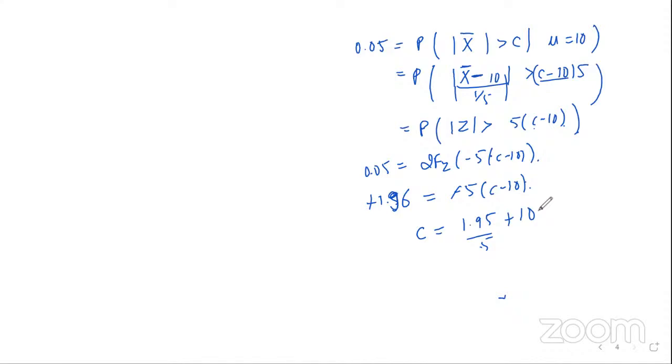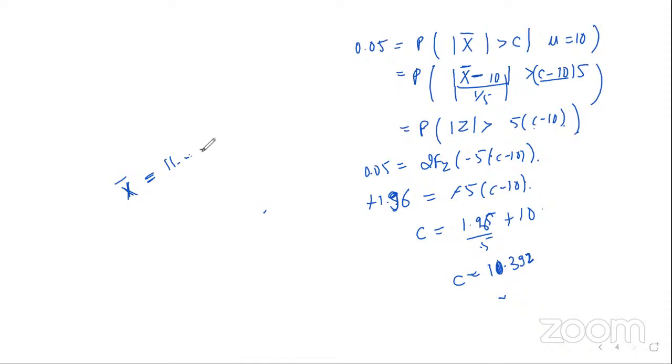So what does this value come out to be? 1.96 divided by 5 plus 10. C comes out to be 10.392. Now X bar we have observed to be 11 point something, I don't remember it.